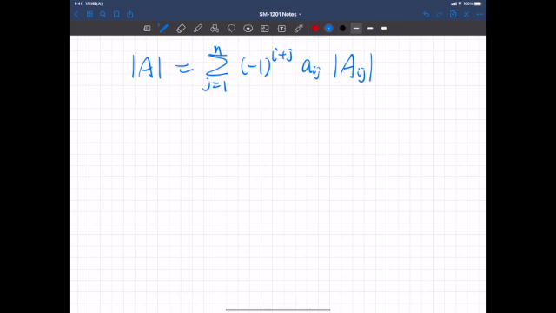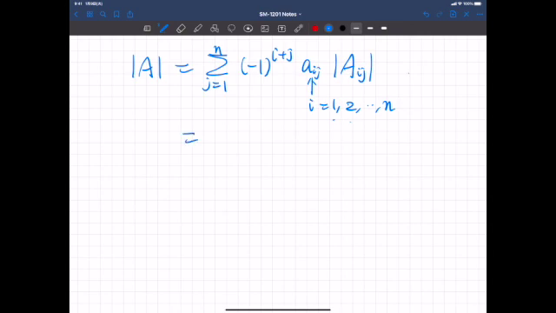This i could be anywhere from 1 up to n, and we still get the same result. Even if i is 1 or 2 or 3 or whatever, we always get the same number as the determinant.